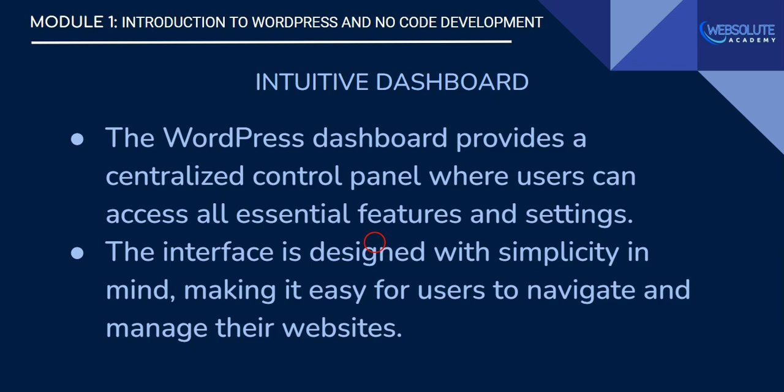You see them by default from your dashboard. The interface is designed with simplicity in mind, making it easy for users to navigate and manage their websites. It is not complicated at all. It is straightforward, and it is very simple to operate.